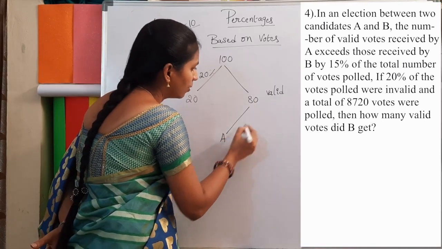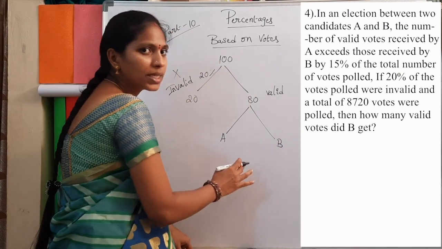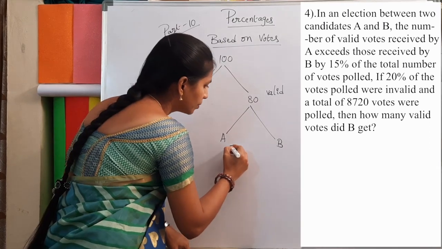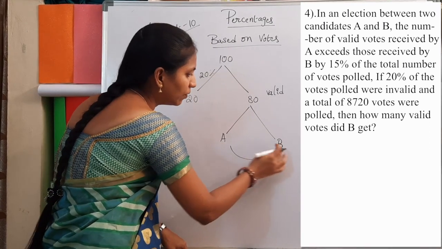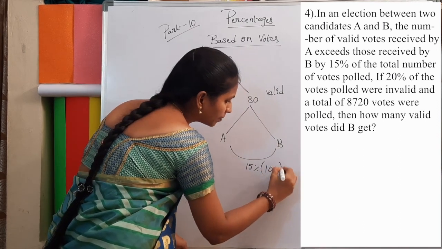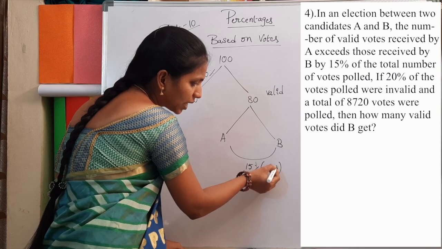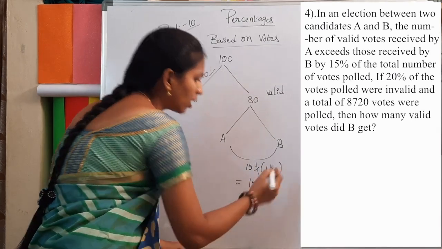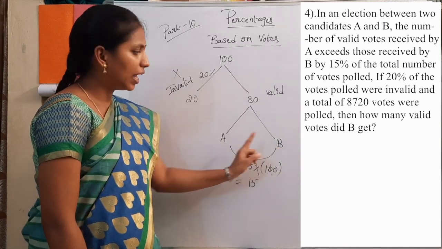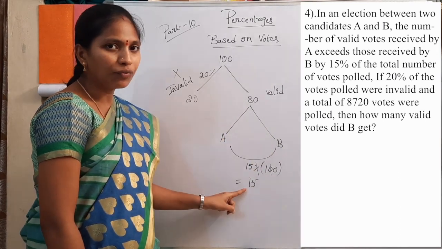Here A and here B. The difference between these two is 15% of the total number of votes, 100. What is the result? 15% of 100 means a percentage and this 100 gets cancelled, so the value is 15. From this chart, A plus B is 80 and the difference A minus B is 15.